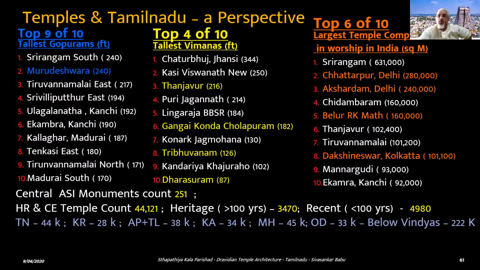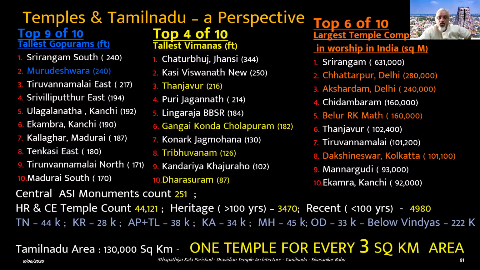This is a phenomenal volume. Now let us see Tamil Nadu, which has got 130,000 square kilometer area. When you have 44,000 temples, for every 3 square kilometers we have a temple. Such is the density and such is the extent of temple building in Tamil Nadu.